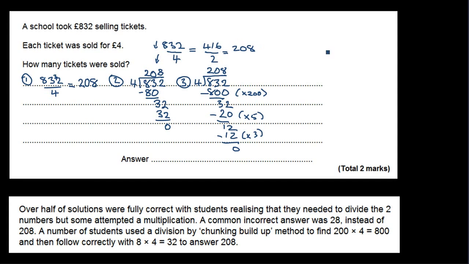So they didn't realize that it was a division that they had to do. So that's the first misconception. Make sure you know if you're dealing with a division or multiplication. It seems like a lot of people made that mistake.